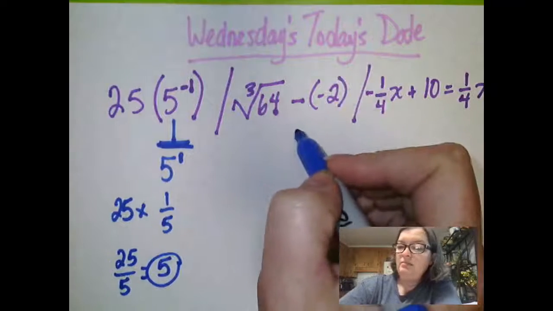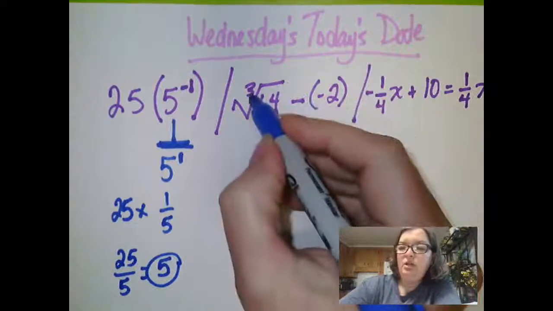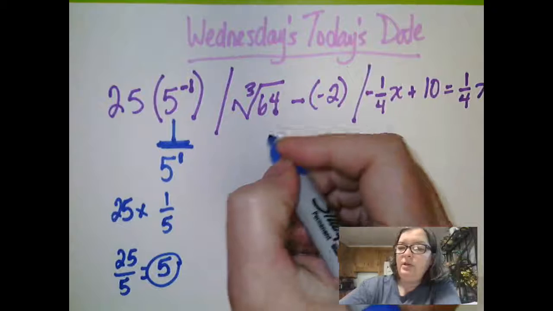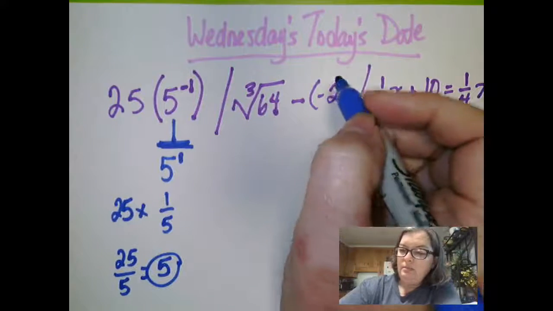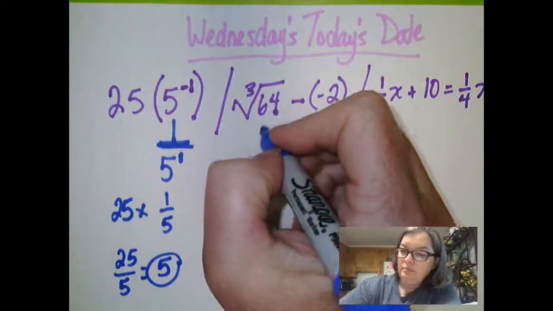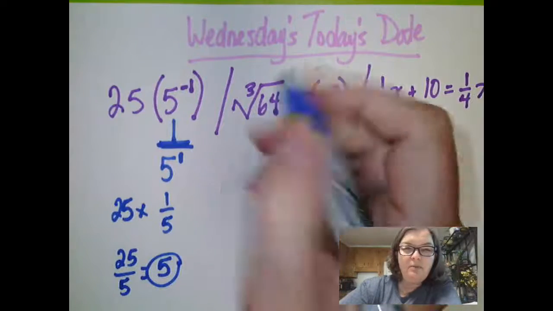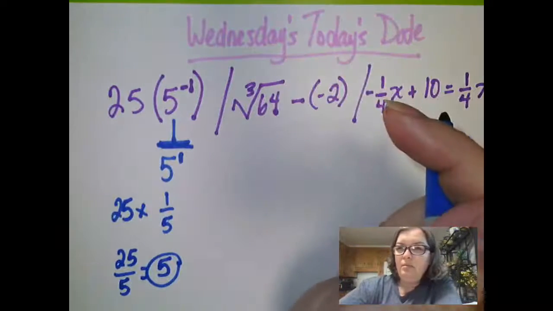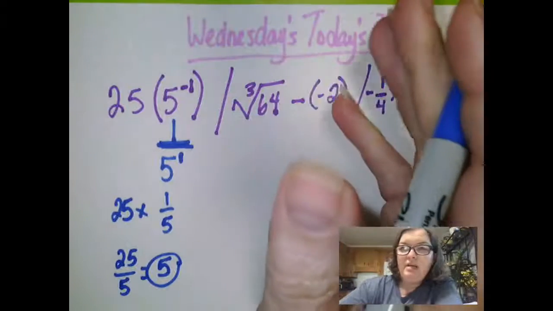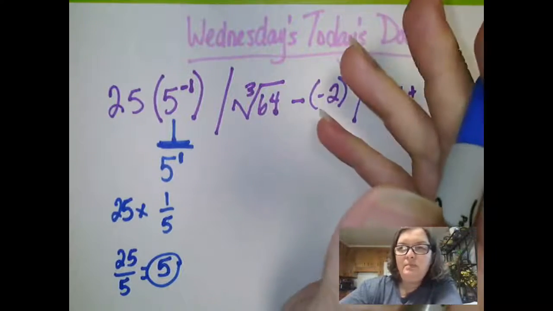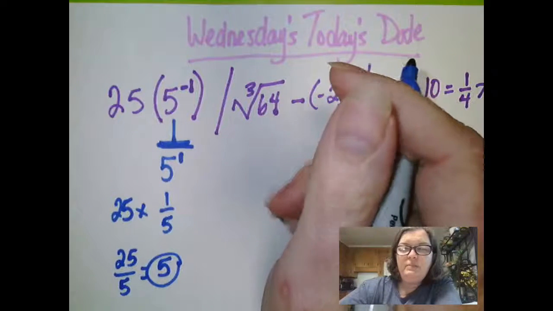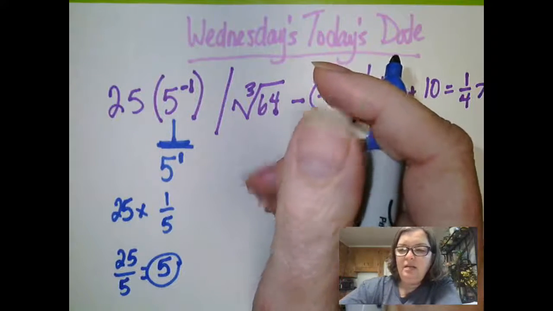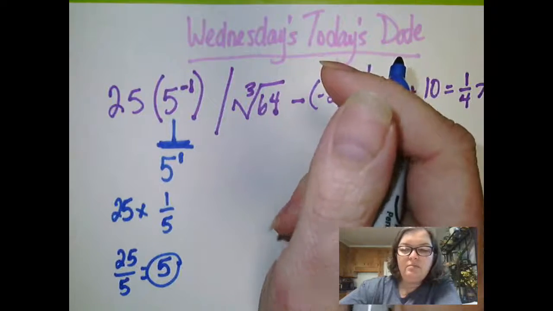For today's day, the cube root of 64, we're looking for a number that's multiplied by itself 3 times. This is kind of a small number, so I kind of think 2 times 2 is 4. That's too small. 3 times 3 is 9. 9 times 3 is 27.